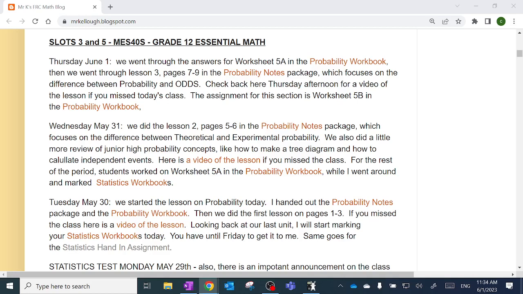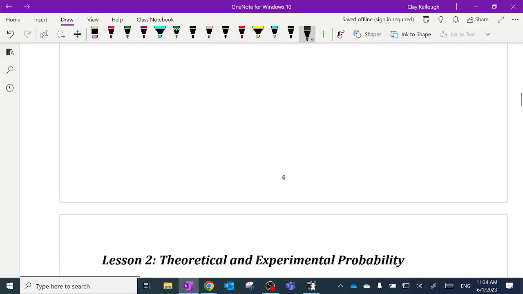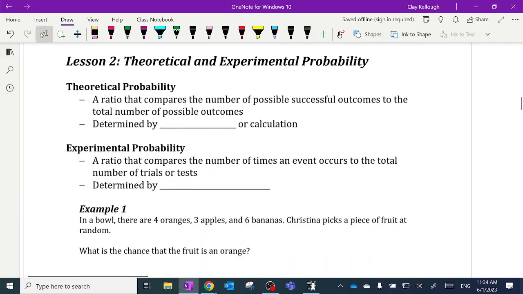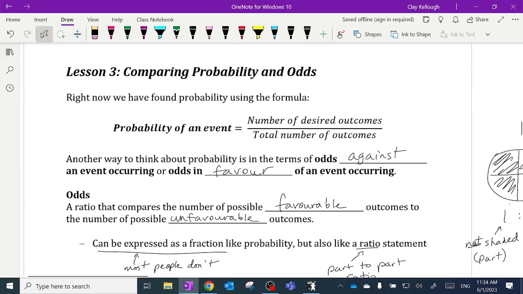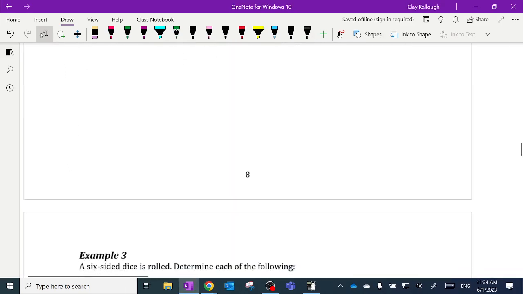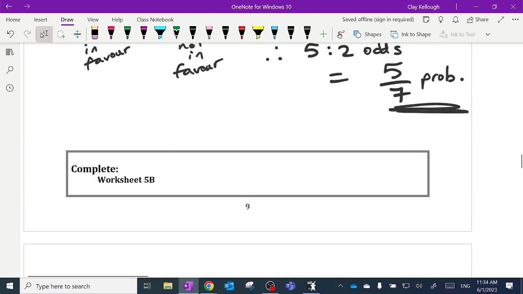Is worksheet 5B after the lesson I just did? Again, I'm not used to this booklet. It's different than the booklet I used last year. Yep, 5B. Worksheet 5B in the probability workbook, we will correct them on Monday. So I will let you have tomorrow too as a work period for worksheet 5B.